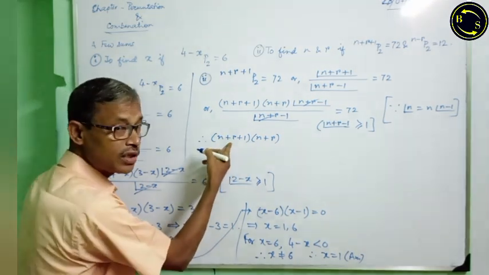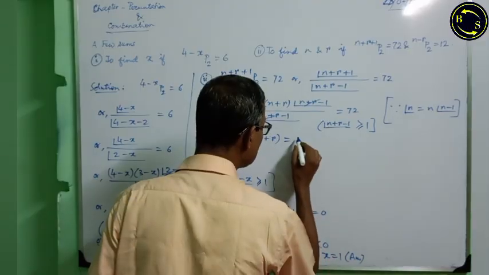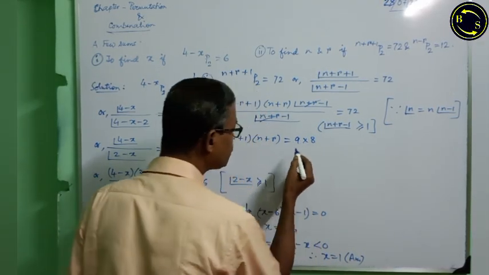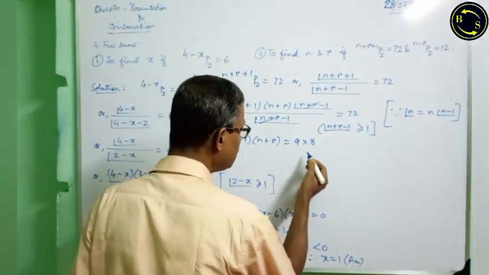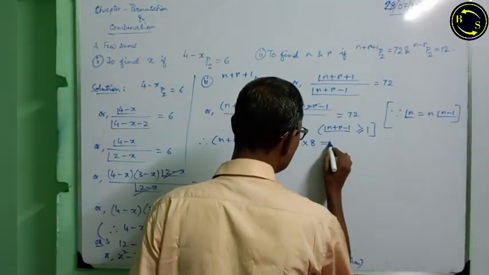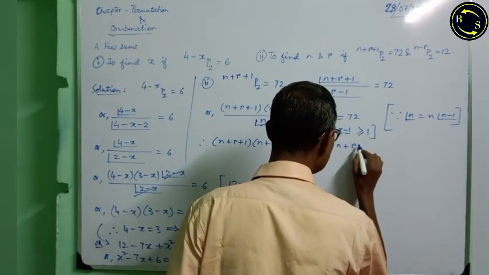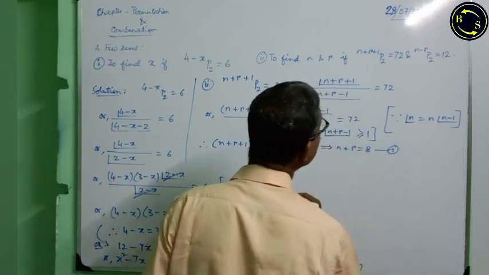The first factor is greater than the second factor. Now I write 72 as 9 into 8. These are also two successive numbers. The smaller one is 8. Therefore, comparing, we can write N plus R is equal to 8. This is number 1 equation.